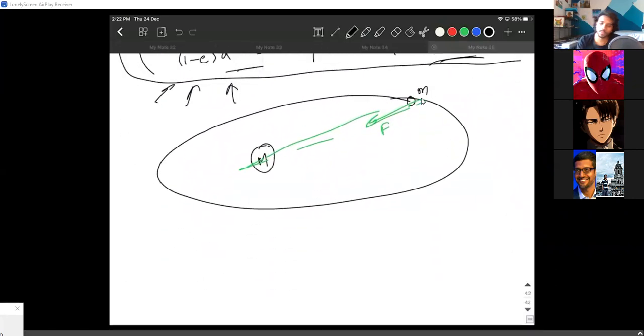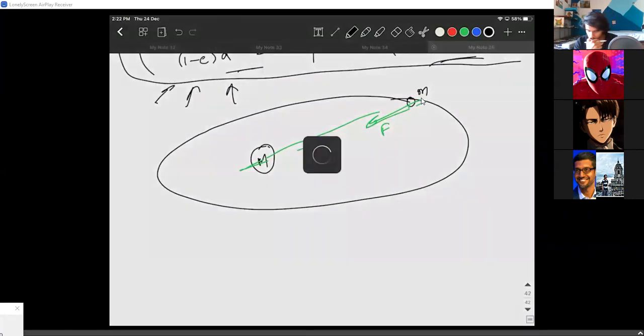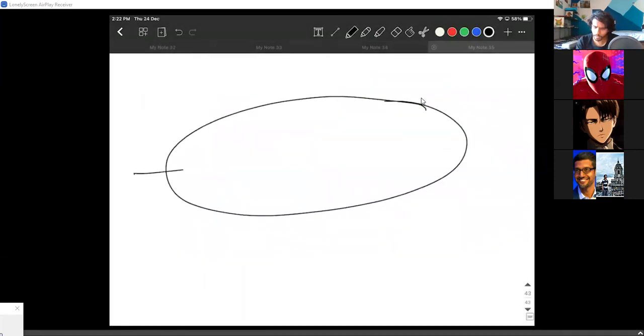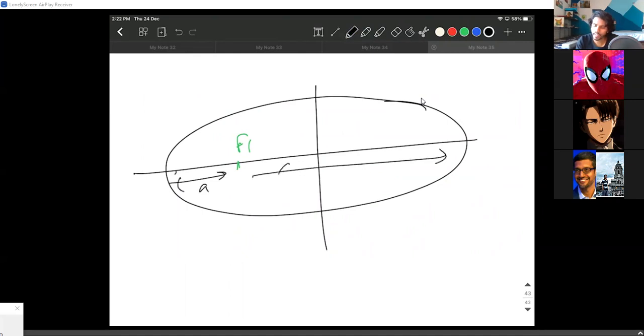Sometimes they give you an elliptical orbit with foci, and they simply give these distances A and 5A randomly. They give you the velocity V max and ask how much the other velocity is. You don't really need to write the energy at all. All you need to do is conserve angular momentum and you'll get it.